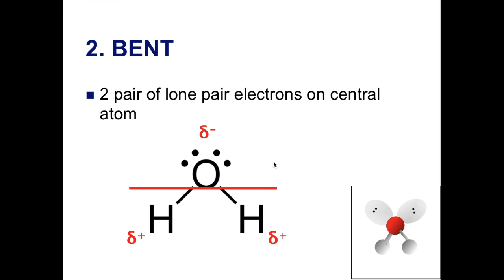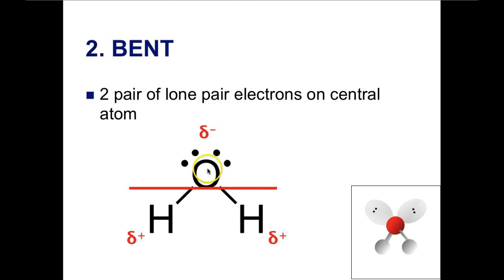And next one is bent. This is when you have an atom that has two bonding pairs of electrons and two non-bonding pairs of electrons on the central atom. So in this case, we're looking at the molecule of water. We've talked about this in class. So we're going to have a partially negative oxygen at the top, two partially positive hydrogens on either side on the bottom.